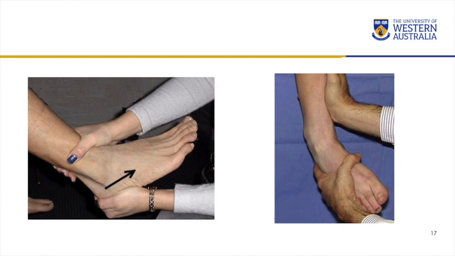The examiner stabilizes the distal tibia with one hand while the other grasps the heel and tries to shift the hindfoot forwards and backwards. On the right, you see the talar tilt test. These tests assess the integrity of the ATFL and calcaneofibular ligaments.